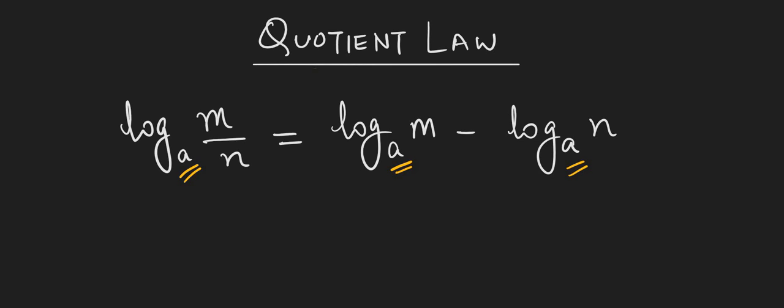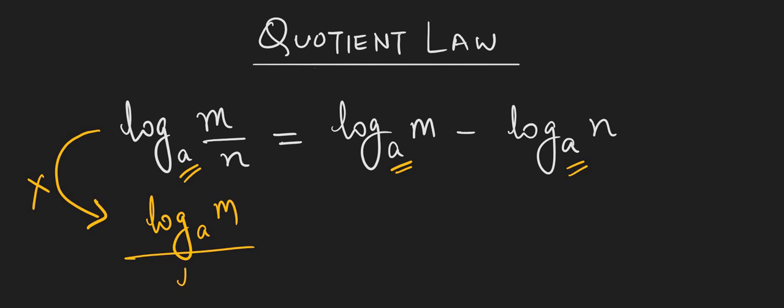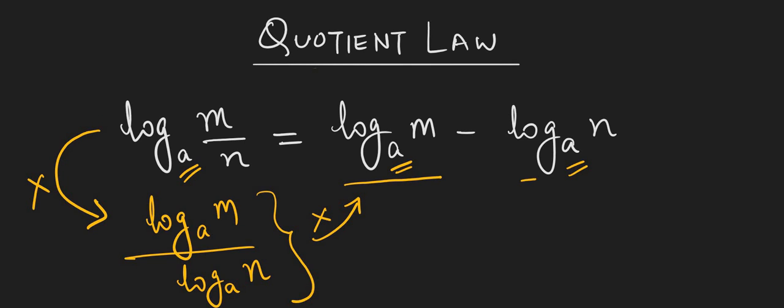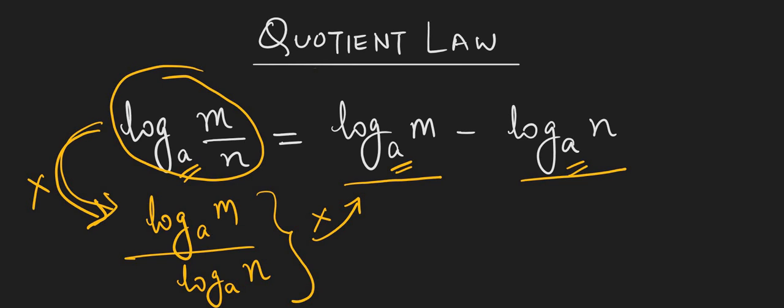Also remember that log m divided by n base a is not equal to log m base a divided by log n base a. So log m base a divided by log n base a is not equal to log m base a minus log n base a. So this is not the same as log m base a divided by log n base a.